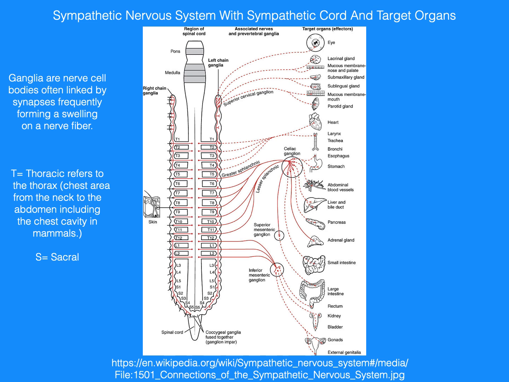Sympathetic nervous system with sympathetic cord and target organs illustration. Ganglia are nerve cell bodies often linked by synapses, frequently forming a swelling on a nerve fiber. T refers to thoracic, S refers to sacral.